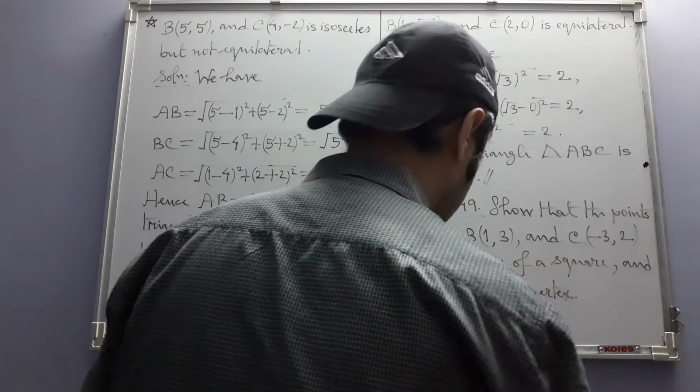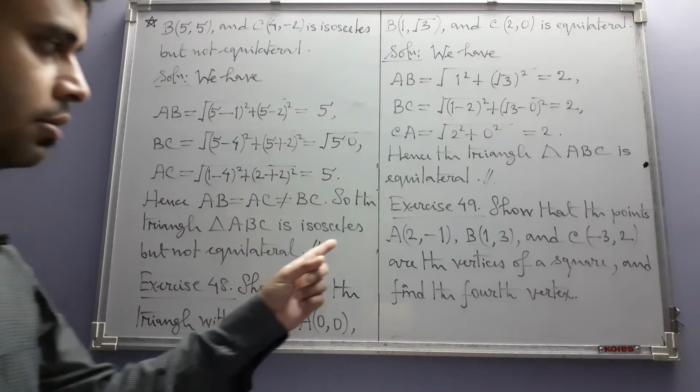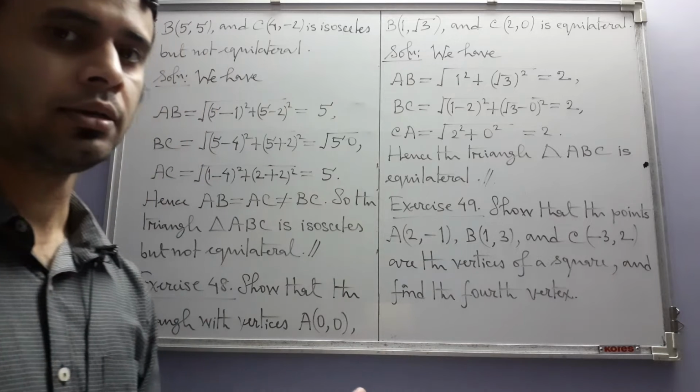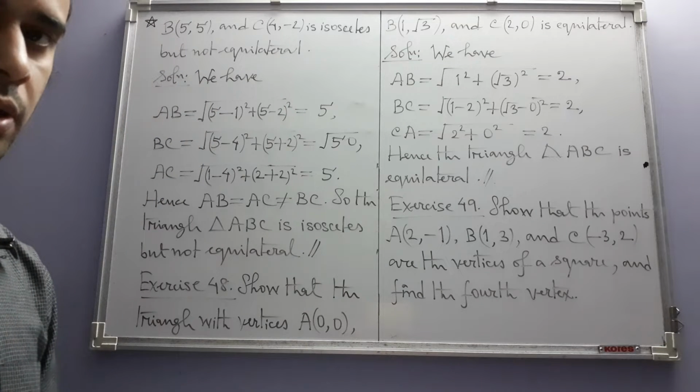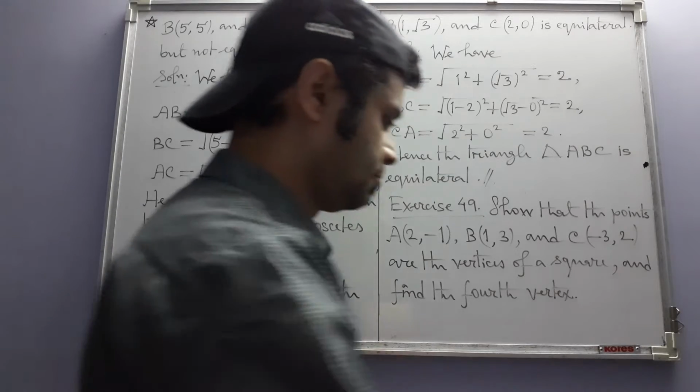That is, the coordinates of the fourth vertex. We have to first of all show that these three actually are the vertices of some square, and we have to find the fourth vertex of that square.